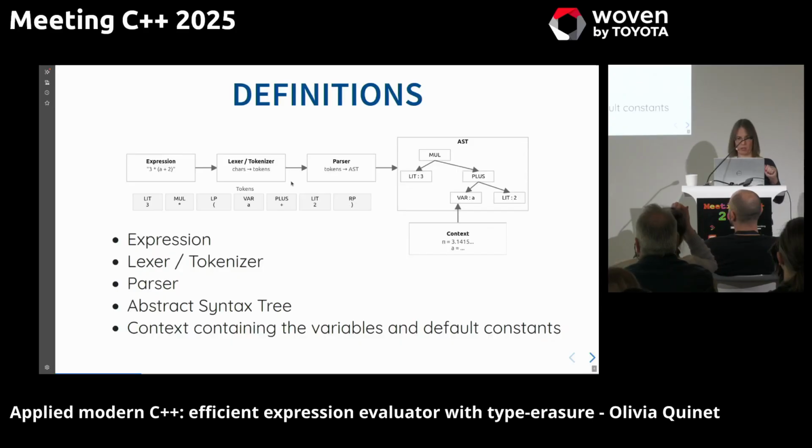And we also need a context. A context will contain some constants like pi, but here it's not really useful for clinical data. It might also contain all the values of the variables referenced in the expression. And it can also contain predefined functions, for example, for transforming quantities from one unit to another.